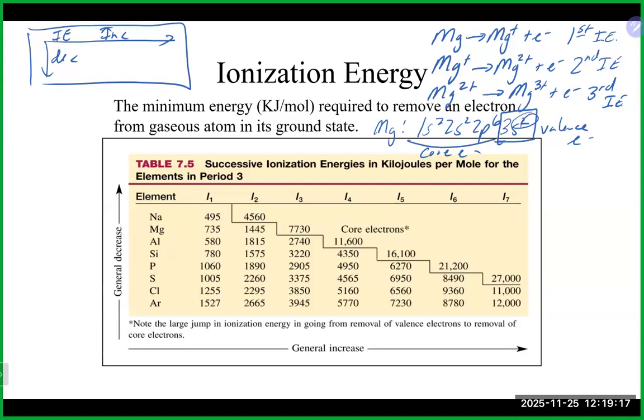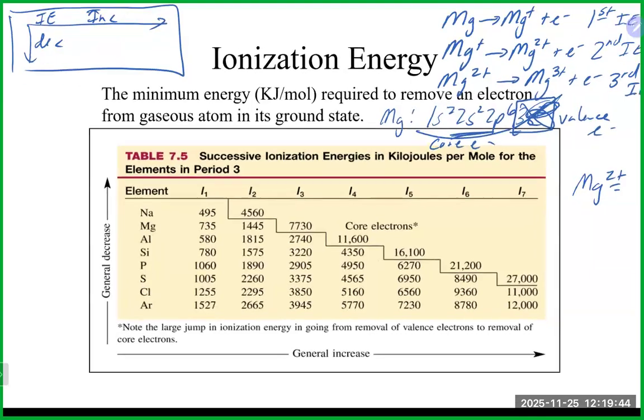So you may be asking, does magnesium always form a +2 charge? The answer is, yeah, it pretty much does, because when we get rid of two electrons, we're now into the core electrons, which are super close to the nucleus and held really, really tightly. It takes a tremendous amount of energy to try to rip that electron off, and it doesn't really happen.